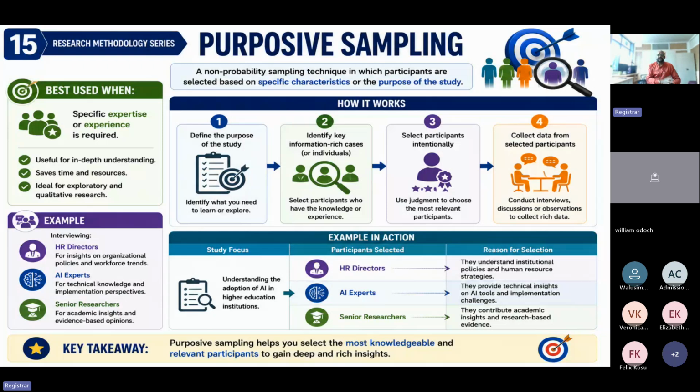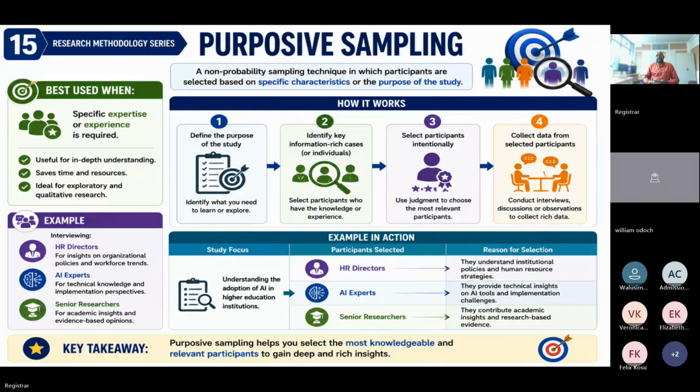If you take an example, if you are doing research on understanding the adoption of AI in higher education institutions, then you can select participants like HR directors, AI experts, and senior researchers, because you want to fetch data from them only, isn't it? You should have a reason why you select them.